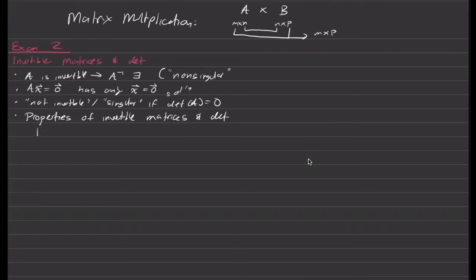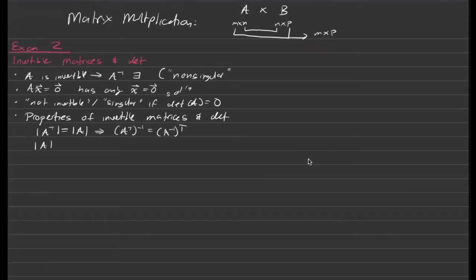So if the determinant of A transpose is equal to A, that means that the inverse of A transpose is equal to the transpose of A inverse.